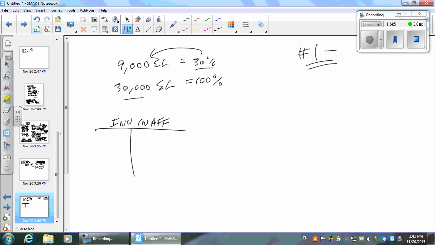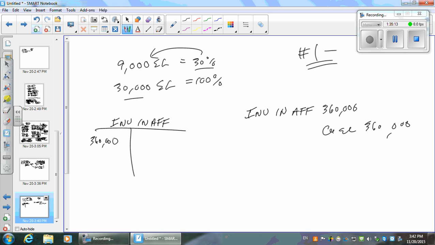Well, they said they got 9,000 shares for $40 a share. How much is that? It's debit investment in affiliate and their name, for 9,000 times 40, which is 360, credit cash for 360. You don't have to write the entry, of course, but 360,000 comes in here, right?